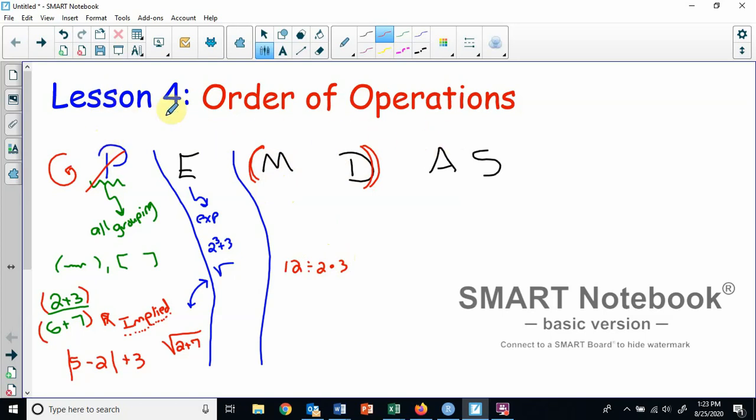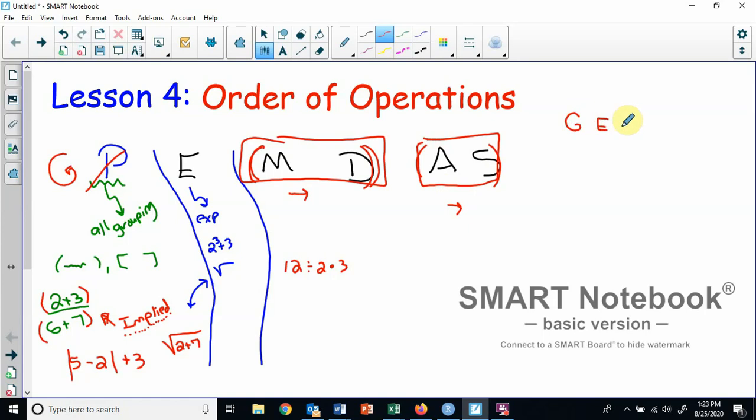There's grouping symbols, exponents, multiplications and divisions, as you see them from left to right, and addings and subtractions also are grouped as a single thing. So really there's only 4 pieces. So instead of Please excuse my dear Aunt Sally, we should have groupings, exponents, multiplications and divisions are one, addings and subtractions are another.